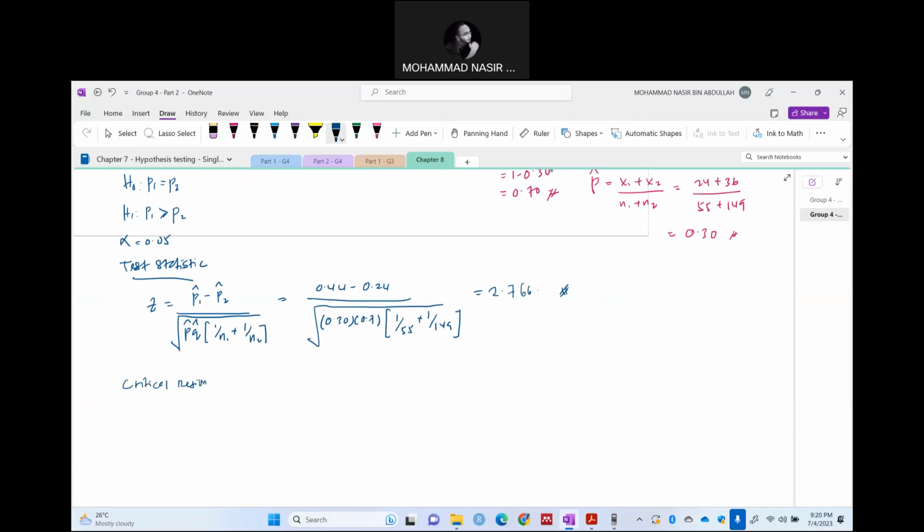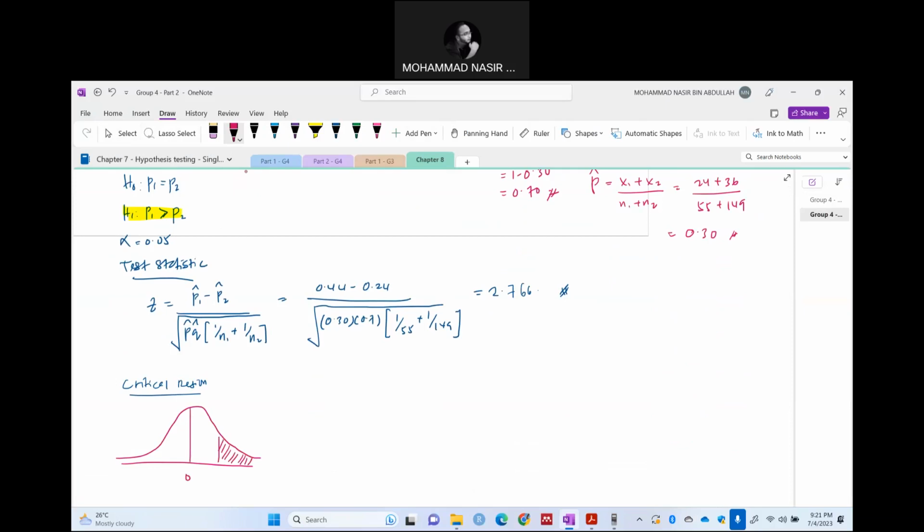region. So since this is more than, it's a one tail test. So the rejection area should be on the left or right? Should be on the right side, because this is more than.